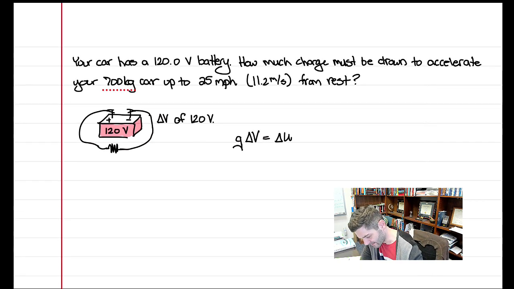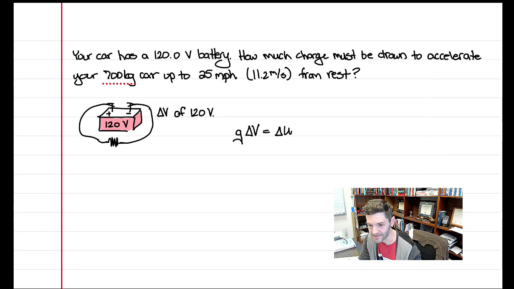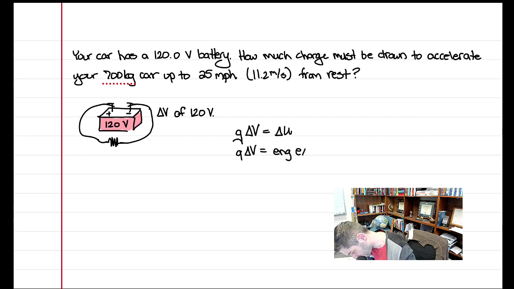So what you can think of this as trying to say is that, for batteries, this Q delta V is the energy extracted from the battery to be used to do meaningful work.